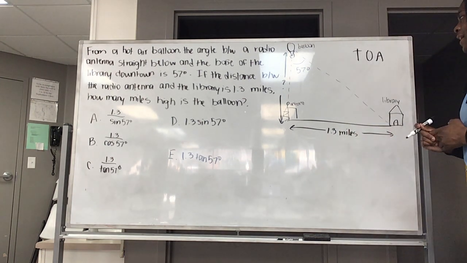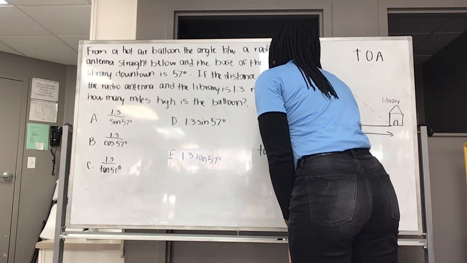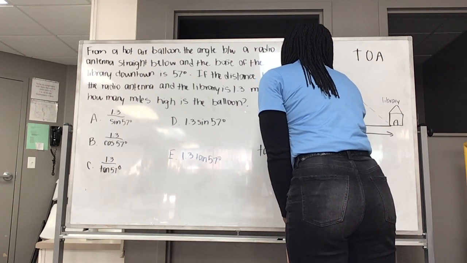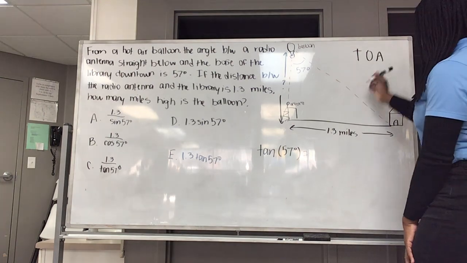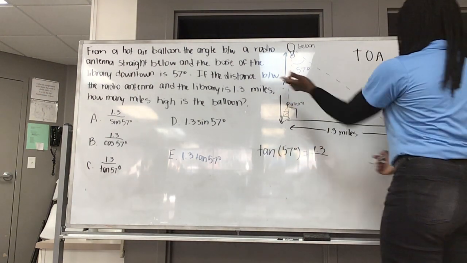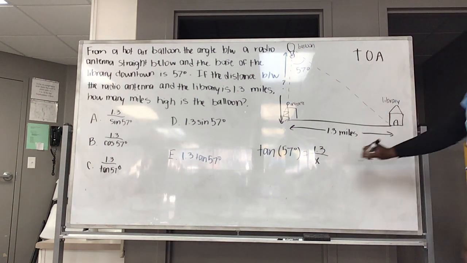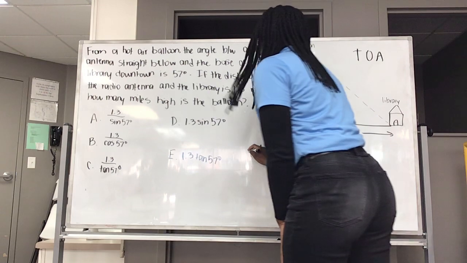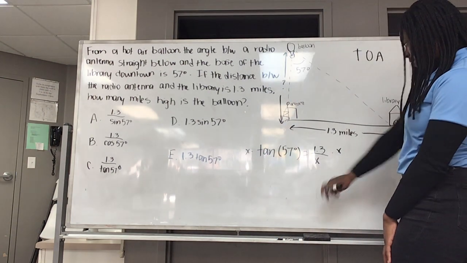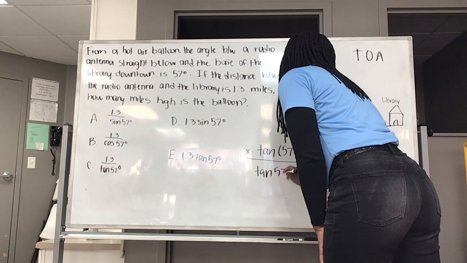So if I'm going to set up my equation, tangent of 57 degrees is equal to opposite, which is 1.3, over my adjacent, we don't know, so I'm going to use an x there. So if I were to solve for x, I multiply by x on both sides, and then I'm going to divide by tangent 57 to get x alone.